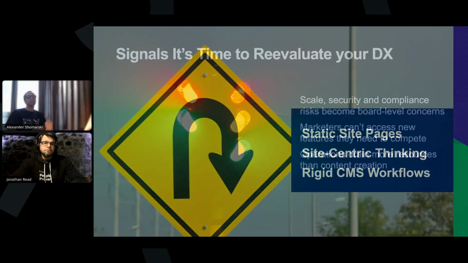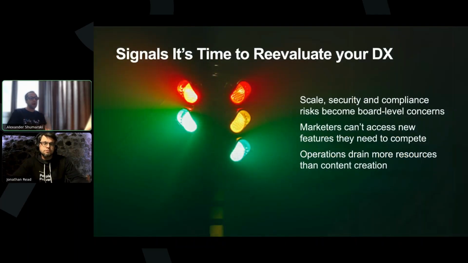And if you bundle this with a couple more things like security, compliance, scalability, access to new features, the fact that we keep switching between different tools, and our browsers are complaining that there's not enough memory to handle all those pages that we've loaded in the background, as well as what I said about the rigid workflows.